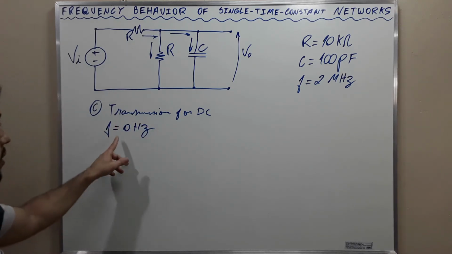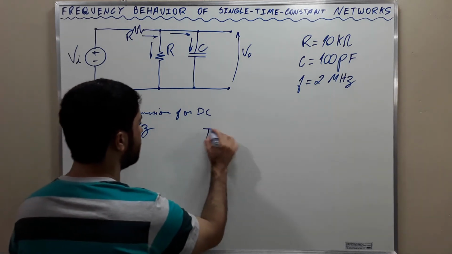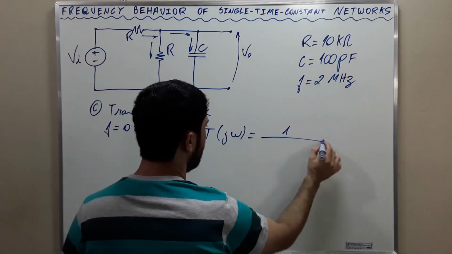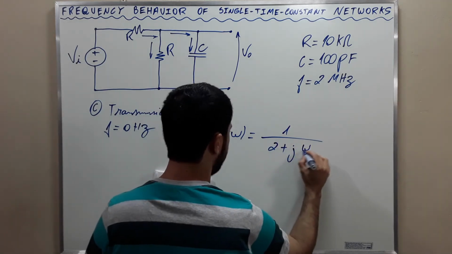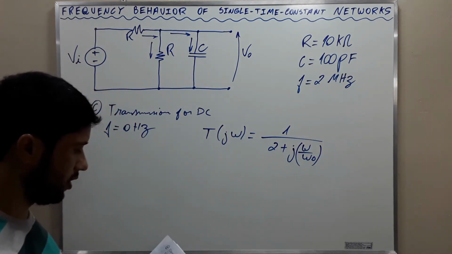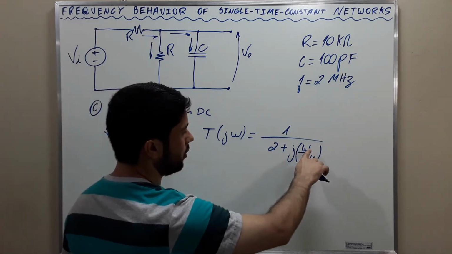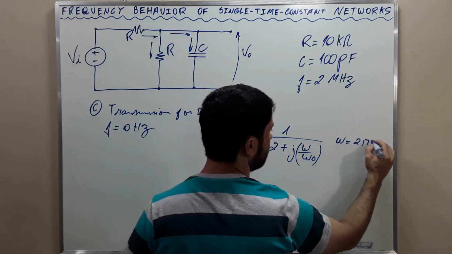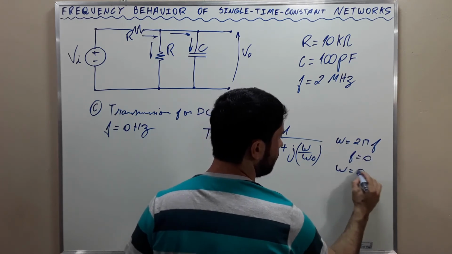This is the definition of DC. And we had already calculated that T of jW is equal to 1 over 2 plus jW divided by W0. Here we can simply substitute this. As we know, W is equal to 2 times pi times F. If F is 0, then W is 0.